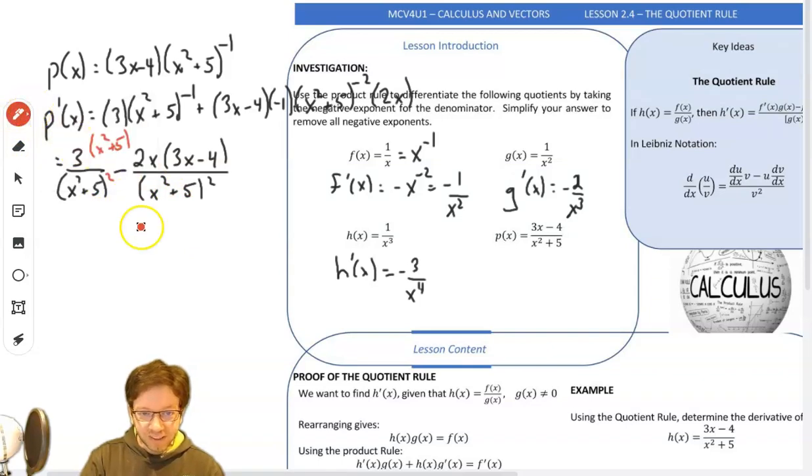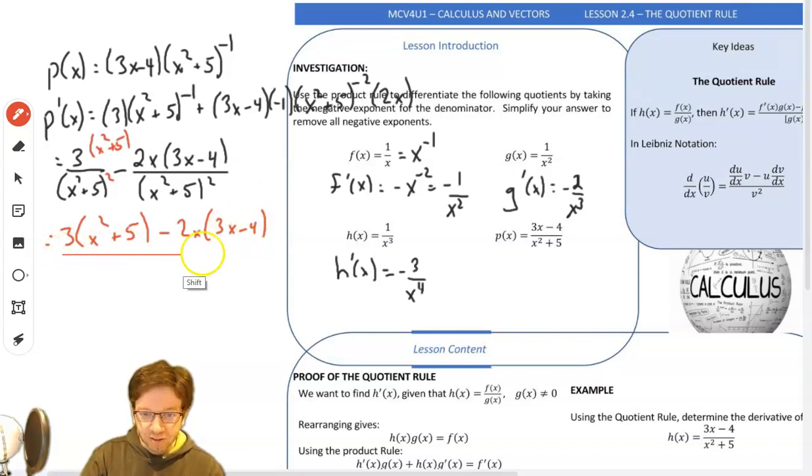And then I want you to look at what we're left with. So we have 3 times x squared plus 5 minus 2x times 3x minus 4, all divided by x squared plus 5 squared.